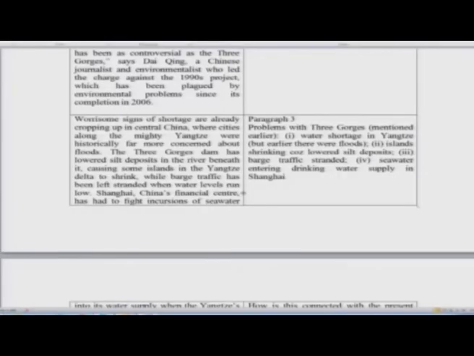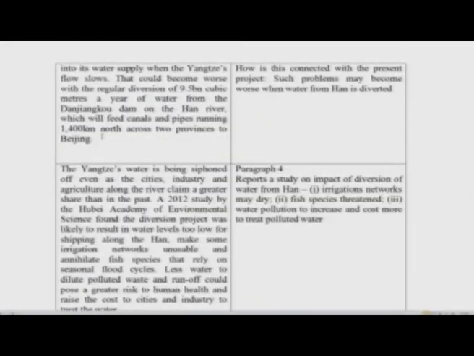Shanghai, China's financial center, has had to fight incursions of seawater into its water supply when the Yangtze's flow slows. That could become worse with the regular diversion of 9.5 billion cubic meters a year of water from Danjiangkou Dam on the Han River, which will feed canals and pipes running 1,400 km north across two provinces to Beijing.